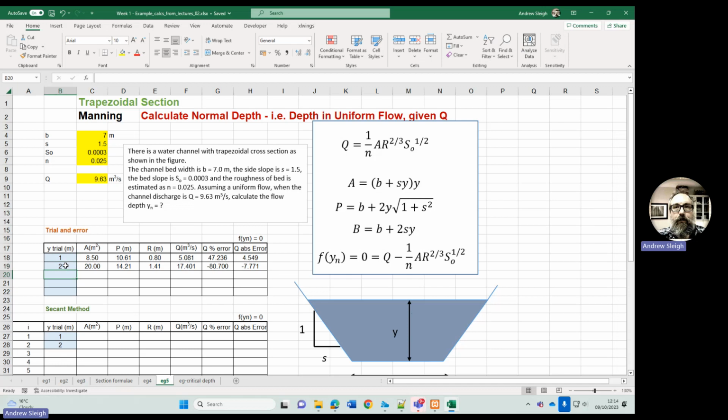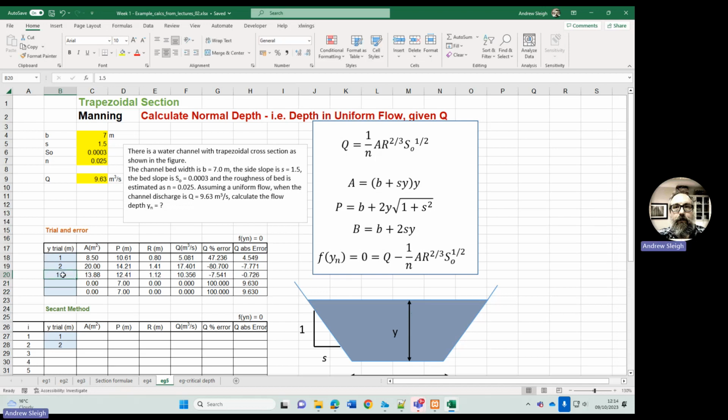Okay. 2. So we see that the answer here is between 1 and 2 meters, because that's gone from positive to negative. I'm going to drag that to the bottom. I'll put in 1.5.